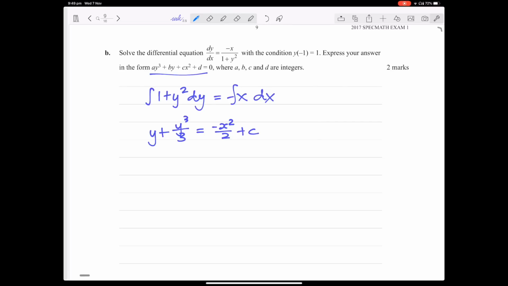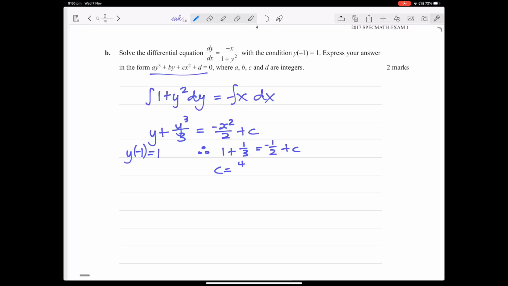Okay, we know y of negative 1 equals 1. So y is 1. So 1 plus 1/3 is equal to negative 1 squared is 1, so negative 1/2 plus c.